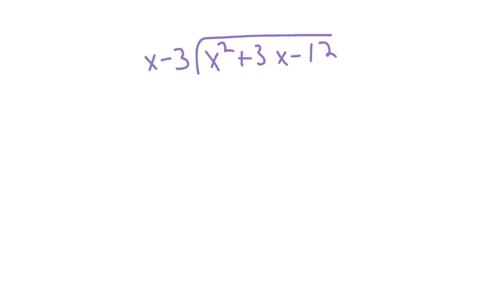Alright, so let's look at an example here. I have x squared plus 3x minus 12 divided by x minus 3. The first thing I want to go over with you is some terminology. We may have forgotten what these things mean, but the polynomial underneath your dividing sign is your dividend.